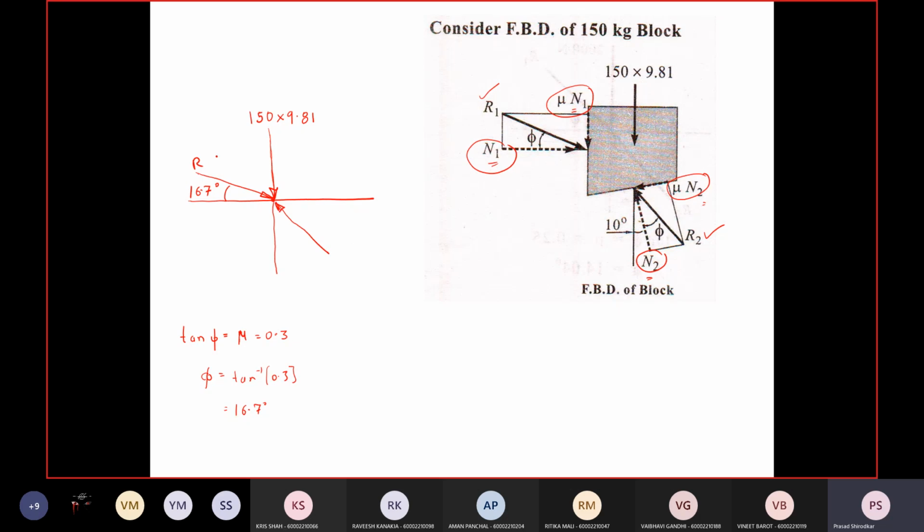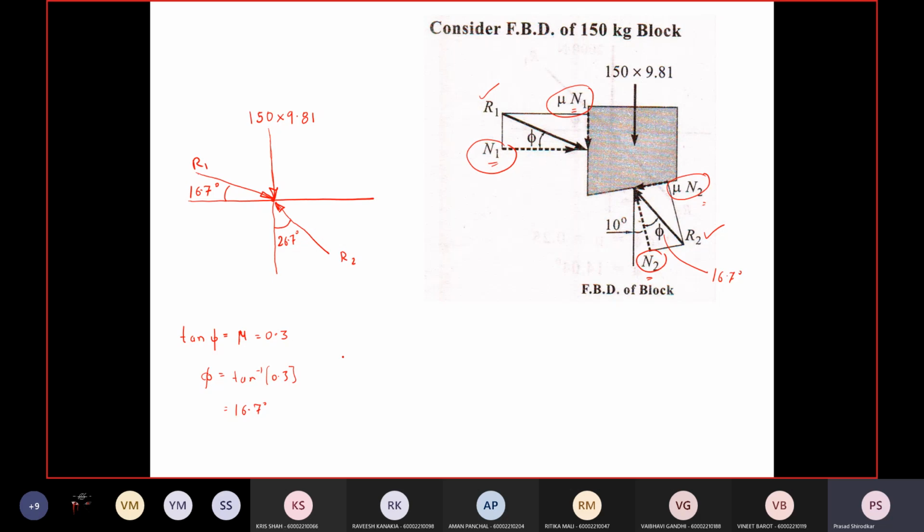This is R1, this is R2. Okay. So angle of the wedge is 10 degrees, this phi is 16.7 degrees, so total angle will be 26.7 degrees.